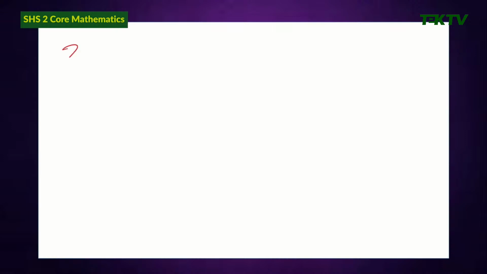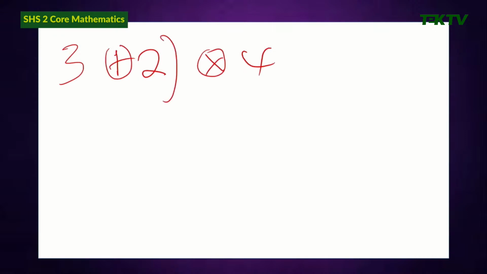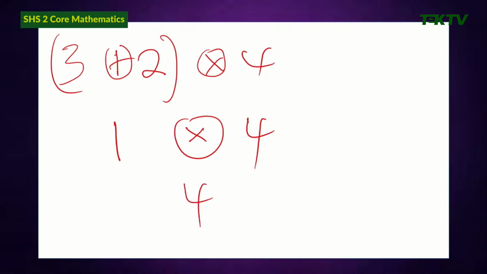So 3 plus 2 times 4. 3 plus 2, refer to the table. 3 plus 2 on the table is 1. Then you repeat the 4. Now you move to the multiplication table. 1 times 4 will also give you 4.